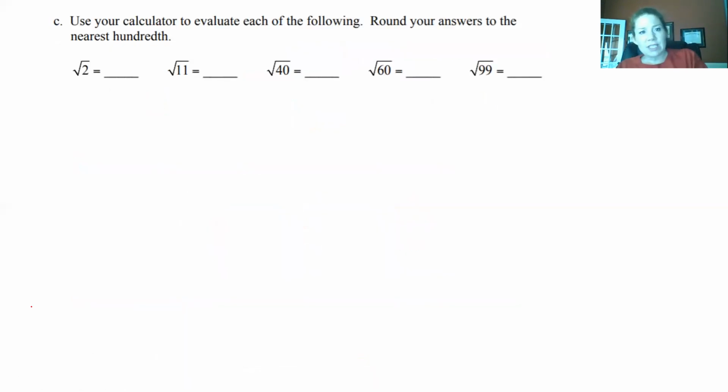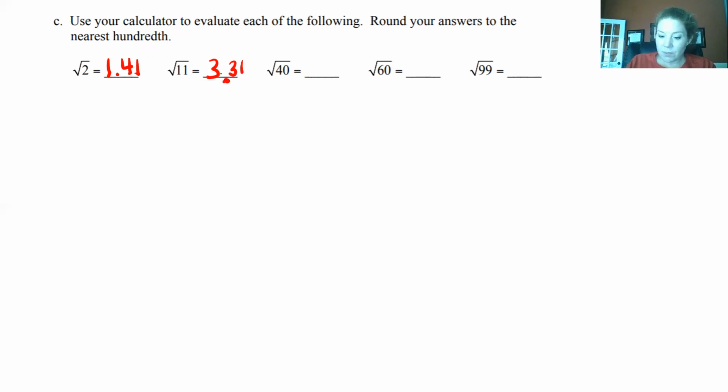All right, so then it wants us to use our calculator. So you guys do this with me. Go ahead and pause and you guys do this, please. Tenths, hundredths, so that would be 1.41. So this will be 3.31.